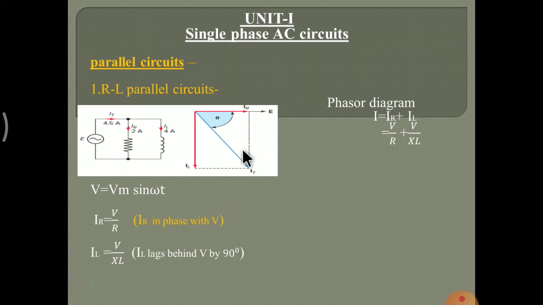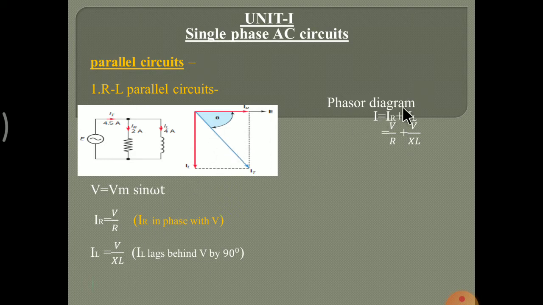You can see in this second phasor diagram, IL lags. Here voltage is the reference, and IL is behind V. So IL lags by 90 degrees.